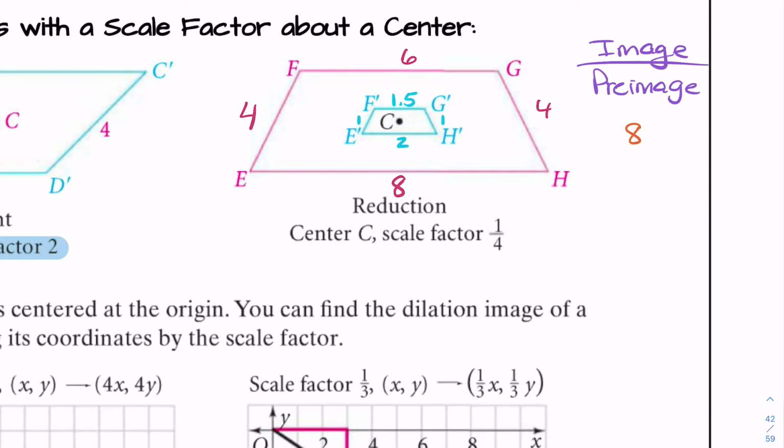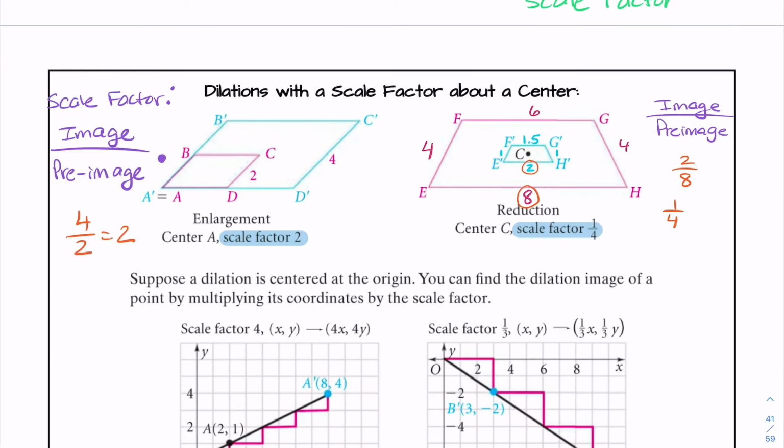I'm sorry, I messed that up. 2 over 8. So I'm going with my inner one and my outer one. 2 over 8, which is 1/4, which is why the scale factor here is 1/4. Okay, and I could have done any of them, 1.5 over 6 or 1 over 4.